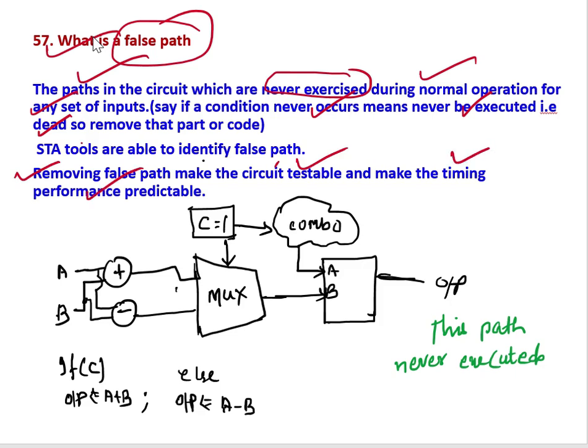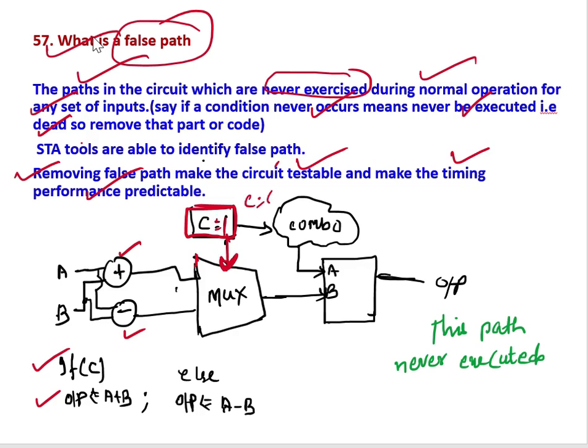See here, the example: this is my circuit and this is the code. If C equals 1, or if C is true, then output equals A plus B, else output equals A minus B. This is my select signal, and here C equals 1 always.